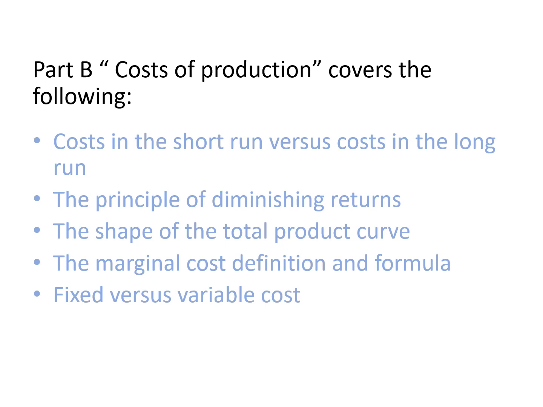Part B, titled Costs of Production, covers the following: costs in the short run versus costs in the long run, the principle of diminishing returns, the shape of the total product curve, the marginal cost definition and formula, fixed versus variable costs.